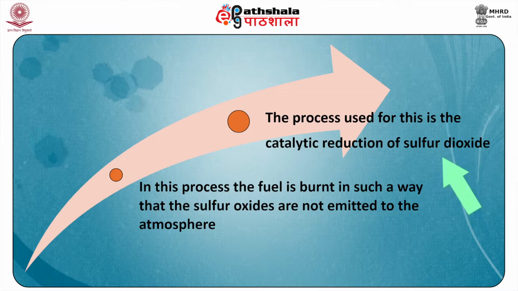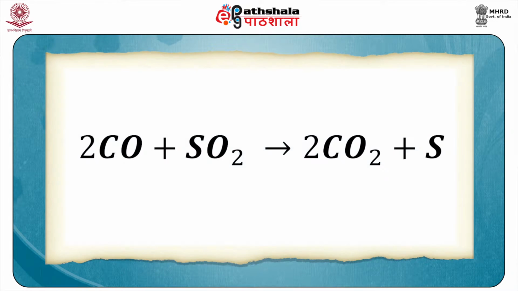The process used for this is the catalytic reduction of sulfur dioxide. Sulfur dioxide can be directly converted into elemental sulfur when the gas reacts with carbon monoxide in the presence of a catalyst. Mostly palladium, silver, cobalt, or nickel is used as catalysts.